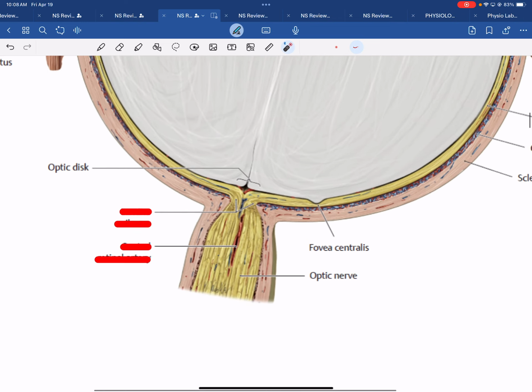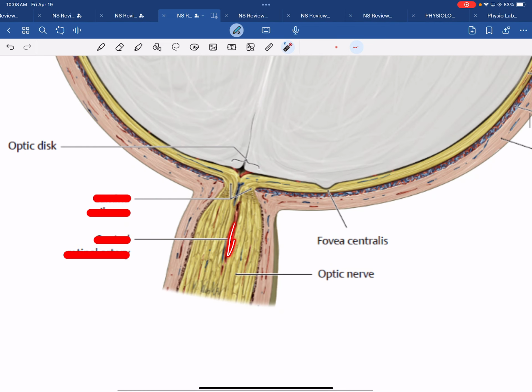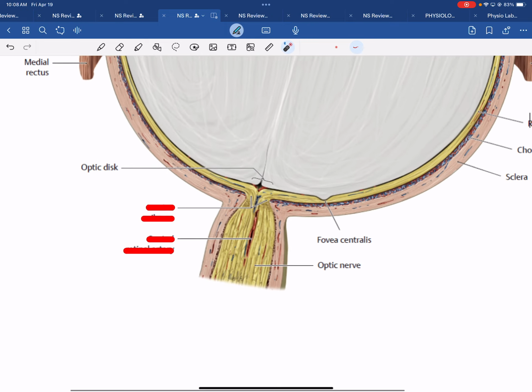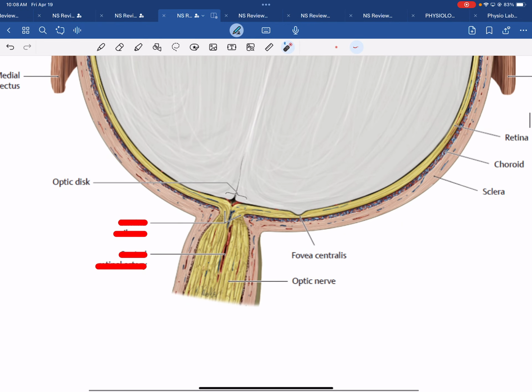What's another function of the optic disc? You can kind of see these things here. These are blood vessels, aren't they? Mm-hmm. So it just allows passageway for nerves, fibers, axons, blood vessels. Exactly. Just name it. It doesn't have any cones or rods, so it's a blind spot. Good.